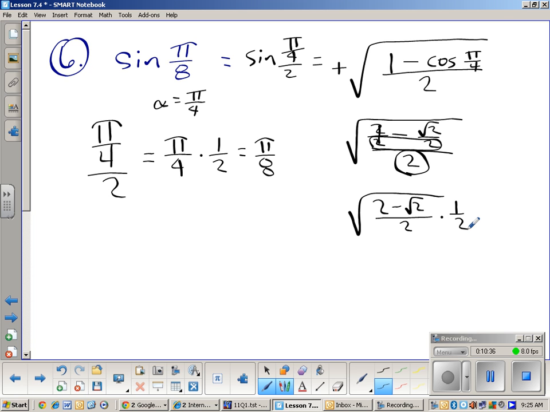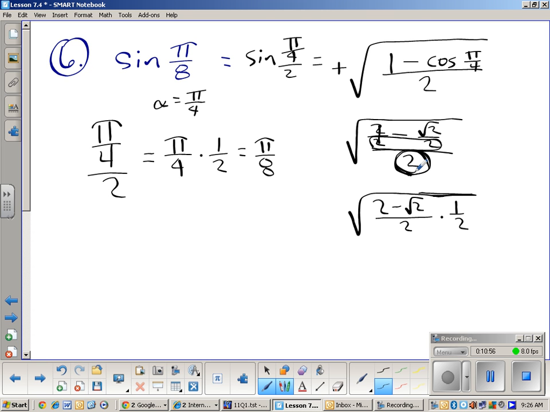Okay, let's slow down here. This is outside the square root, but only because I was lazy, right? Because this divided by 2 is definitely inside the square root sign. Okay?